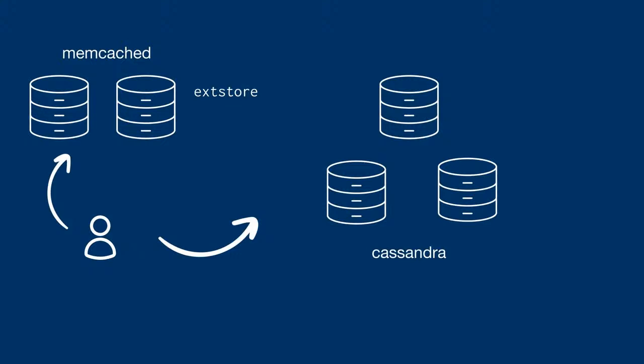Let's say you did 7 days. 6 of your days are going to come out of cache, and only one of those queries is going to come out of Cassandra. And Memcache can handle hundreds of thousands of requests per second per instance, and it's cheaper to run. So it makes a lot of sense to shift as much work over to Memcache as you possibly can.